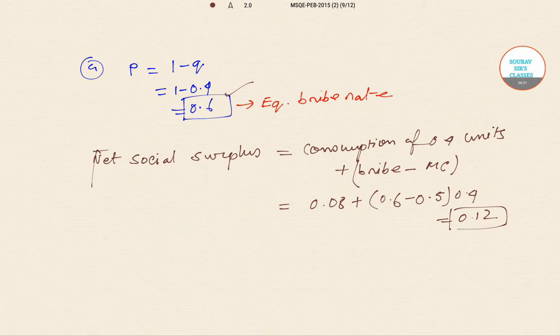So we have found the net social surplus is equal to 0.12.